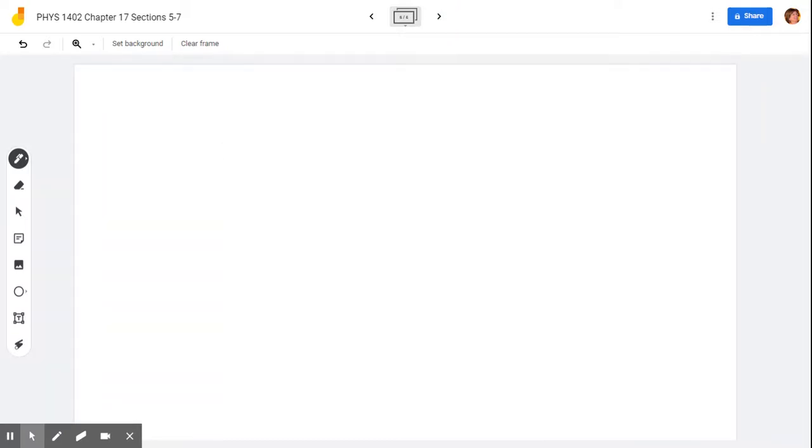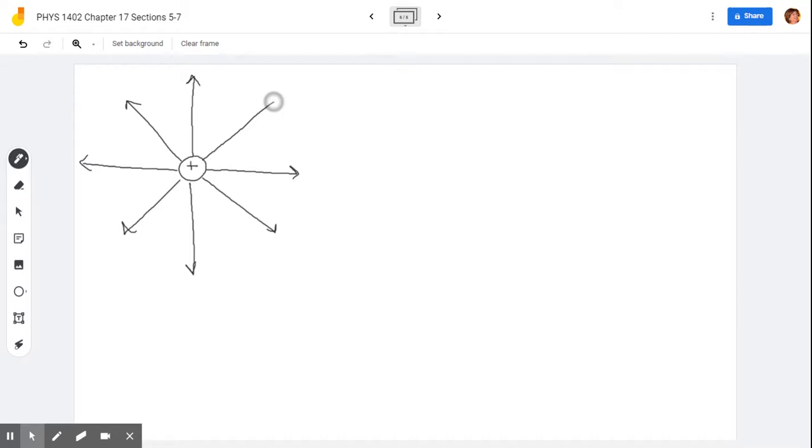So if I have a positive test charge, the electric field can be represented by lines that point in the direction of the field, which in this case is outward. I can't draw in 3D. If I could, you would see them coming spherically in all directions. But it would look like this.